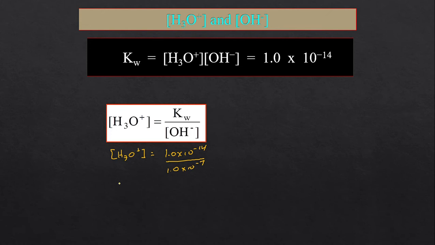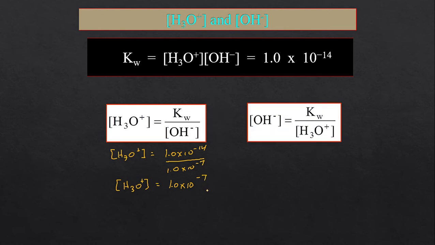Then, you will get concentration of H3O positive is equal to 1.0 times 10 to the negative 7. Ganon din dito sa hydroxide. Okay? Concentration of hydroxide ion is equal to 1.0 times 10 to the negative 14 over 1.0 times 10 to the negative 7. So, the concentration of hydroxide ion is equal to 1.0 times 10 to the negative 7.